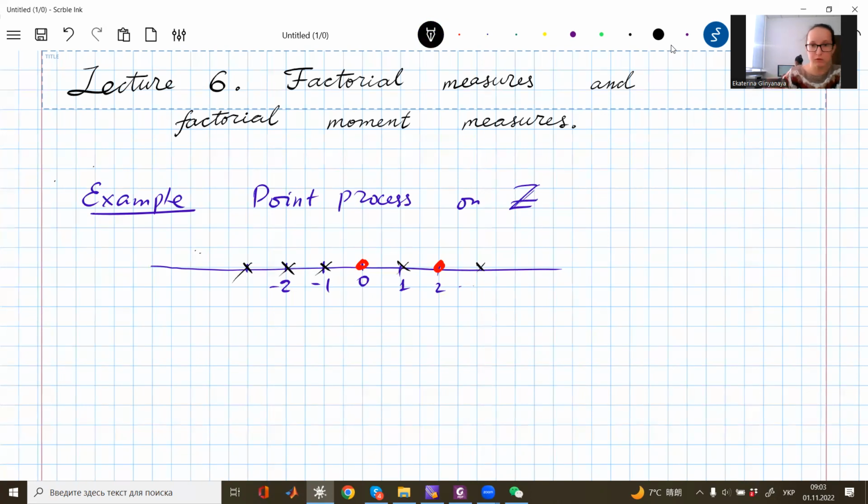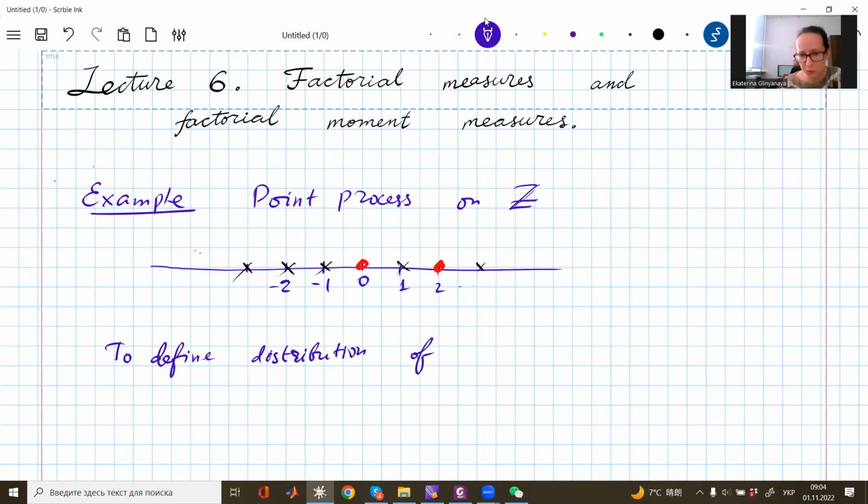So to define the distribution of existence of a particle, we can define the following probabilities. So I would like to define the distribution of measures.